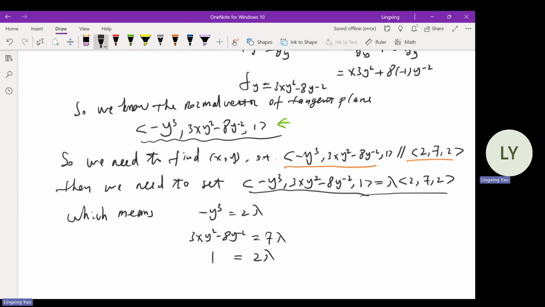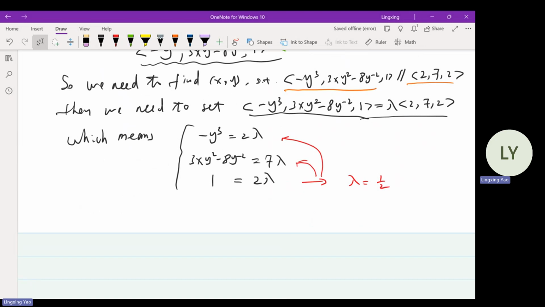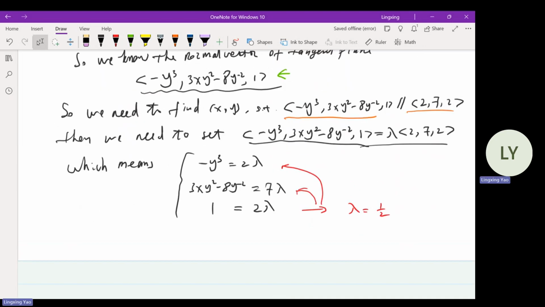The last equation is telling us a lot of things, or just one thing maybe. It tells us lambda equals 1/2. If lambda equals 1/2, we put it back in there. So we have two equations for x and y. Do we know what they are?